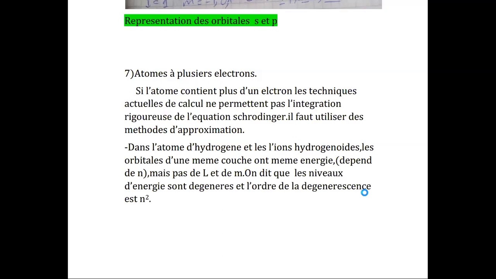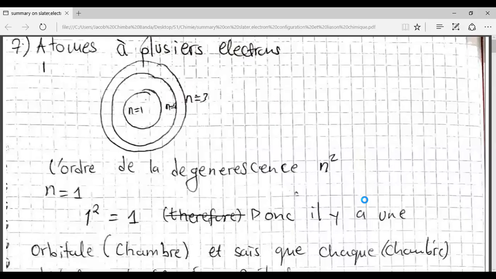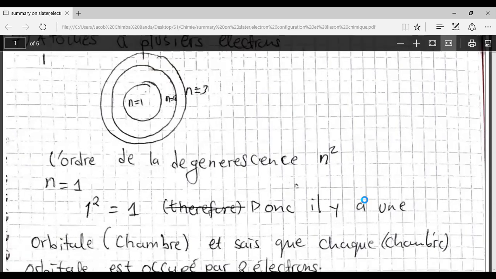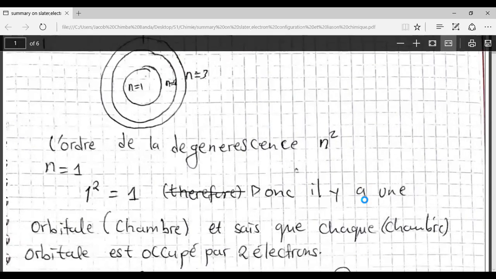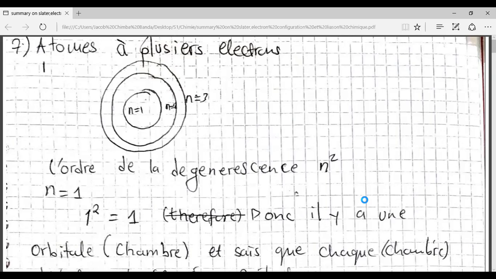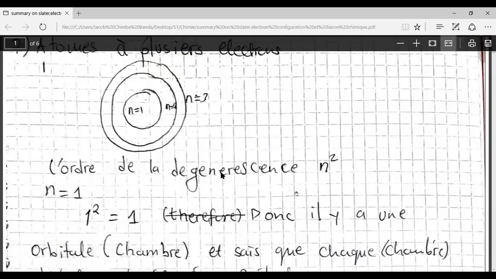So what do they mean when they say this? Here I just want to bring up the difference between a hydrogenoid and an atom which has a lot of electrons. Assume a hydrogenoid. Hydrogen and hydrogenoids have their shell level n equal to 1. For us to calculate the order of degeneracy, it is n to the power 2.